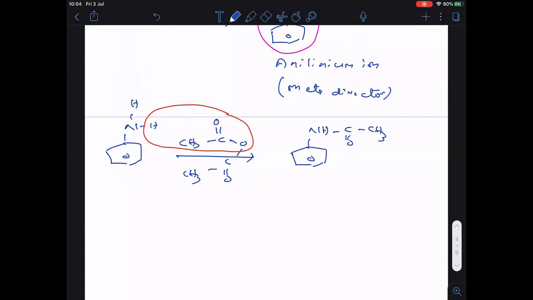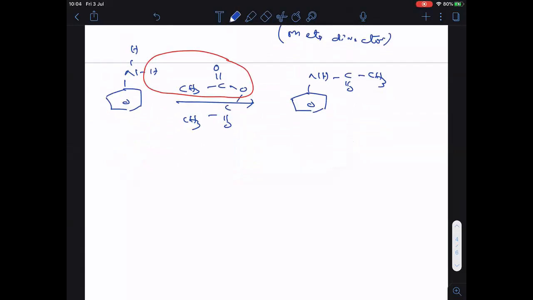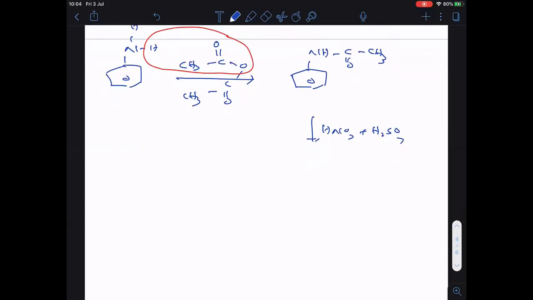Then this on nitration with HNO3 and H2SO4, we will get ortho and para isomers, but para is major.